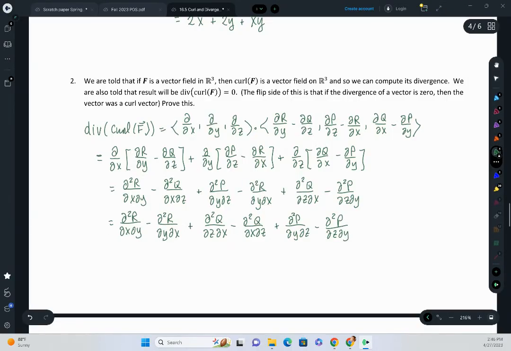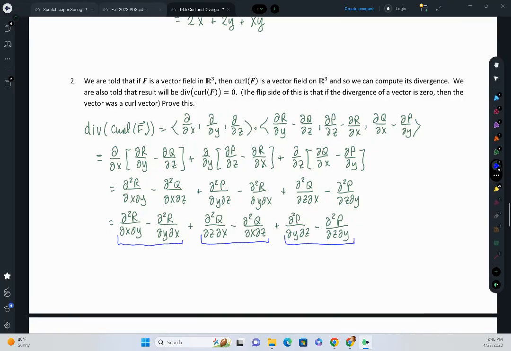Okay, now this is going to be pulling something from two chapters ago, from chapter 14, what we learned about mixed partials. If we are dealing with continuous functions p, q, and r, and they have continuous first and second derivatives, then the mixed partials are equal.